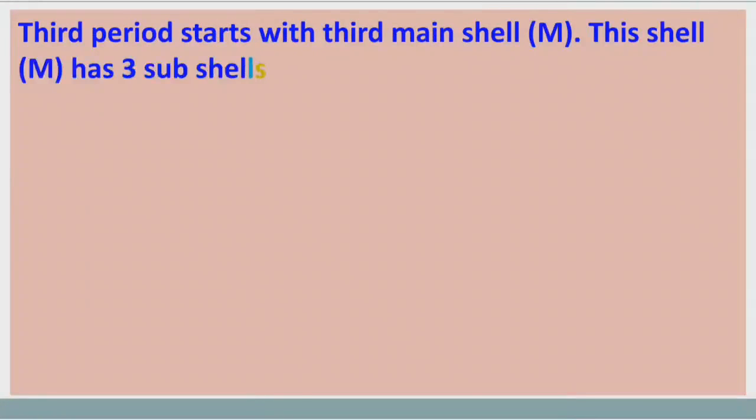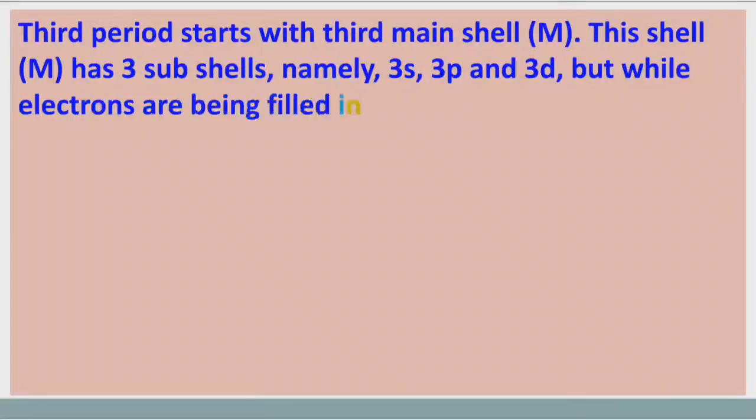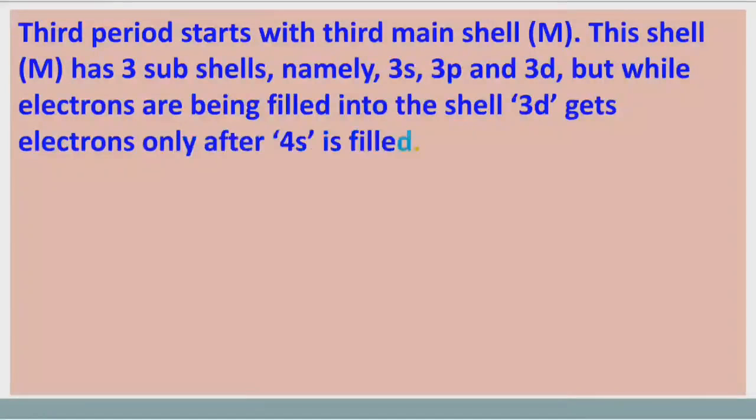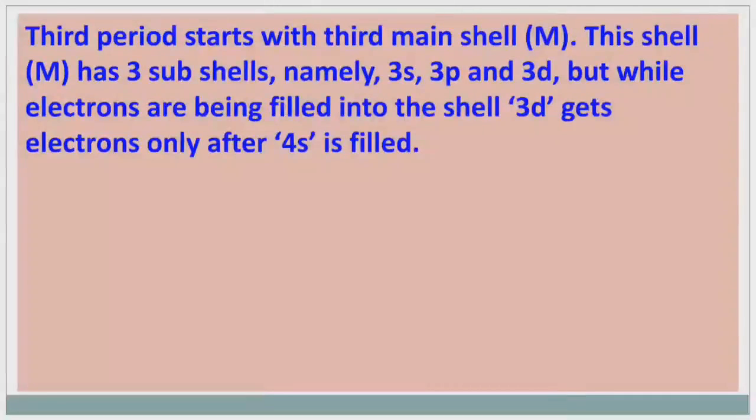The third period starts with the third main cell, that is the M cell. This M cell has 3 subcells, namely 3s, 3p, 3d. But according to the above principle, the 3d orbital is filled up after filling the 4s orbital.